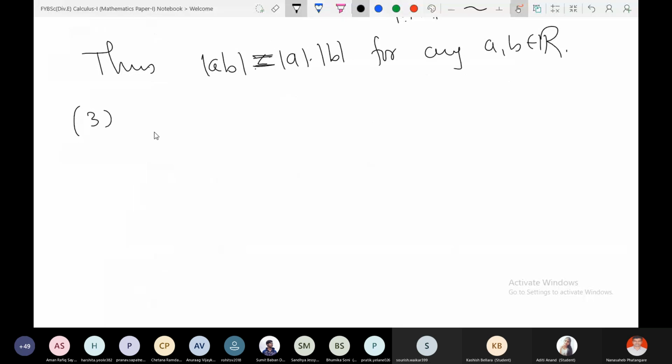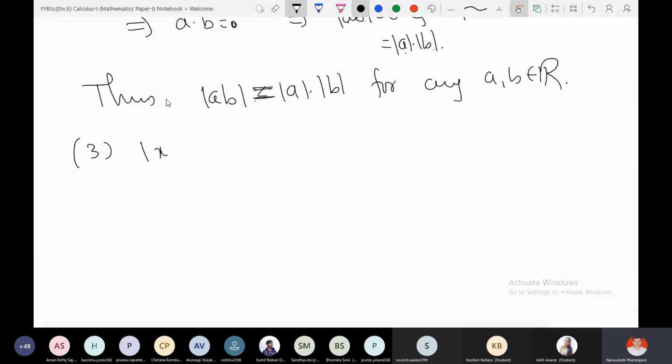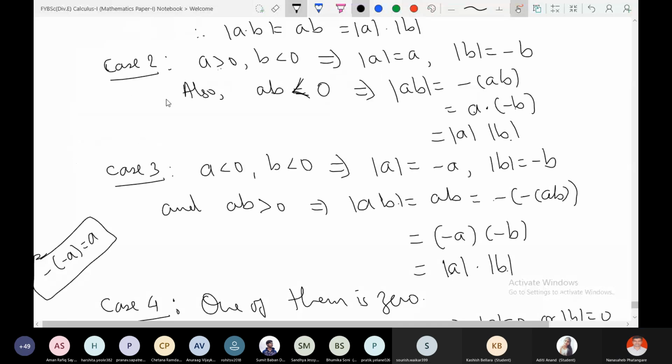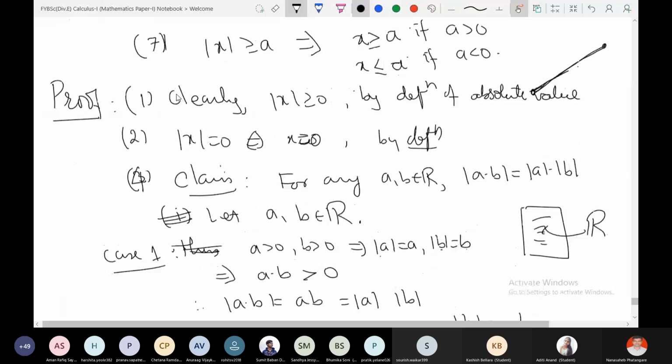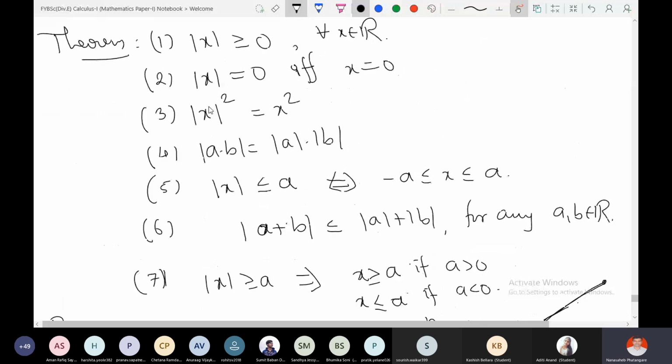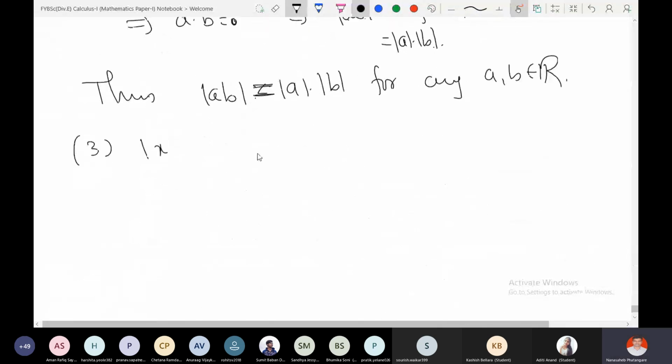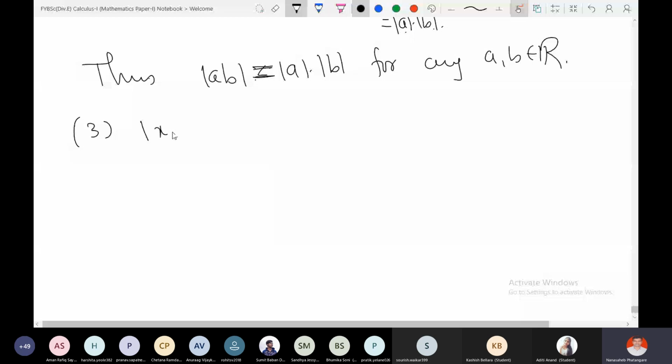Third part is obvious. Absolute value of, okay, what is the third part? Absolute value of x square is x square. Absolute value of x, its square, right? This is absolute value of x into absolute value of x, by the fourth part.